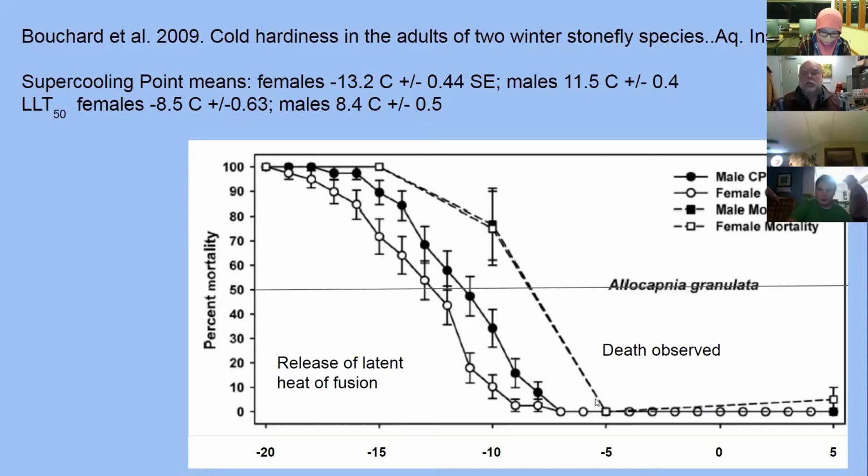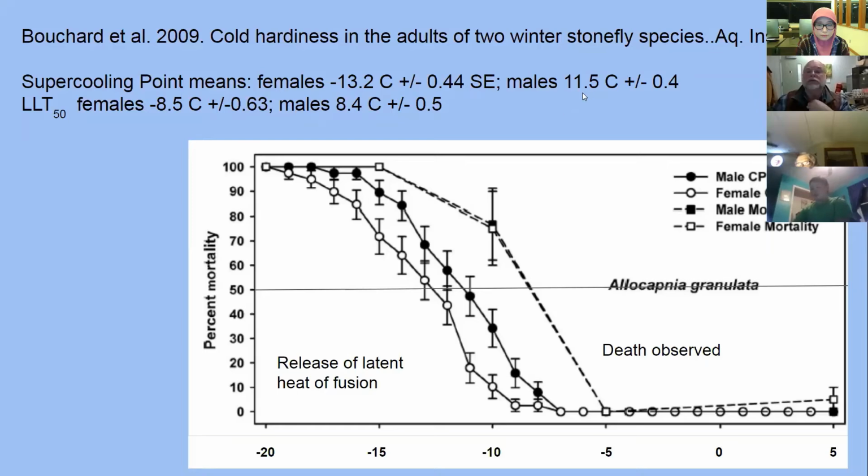So you noticed here that the males and females didn't have any difference in when they died. The line is the same for both males and females. So just to let you know, the females supercooled to a point where they were estimated to have died at minus 13.2 degrees C, with some variation in that.